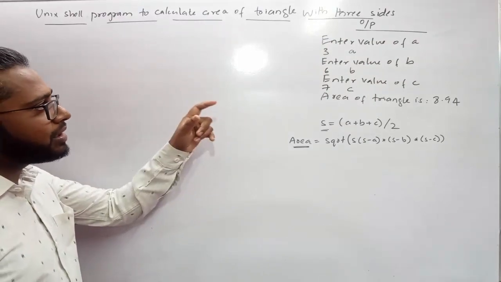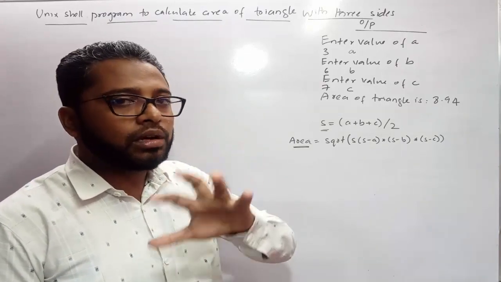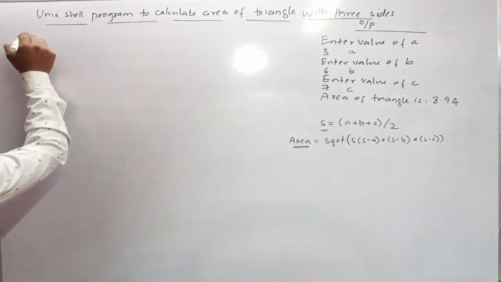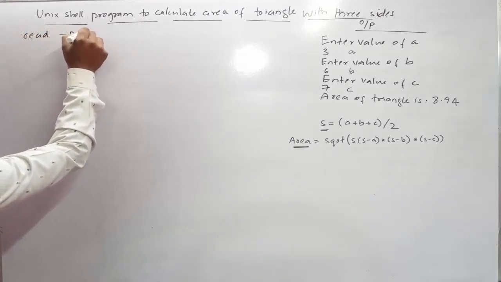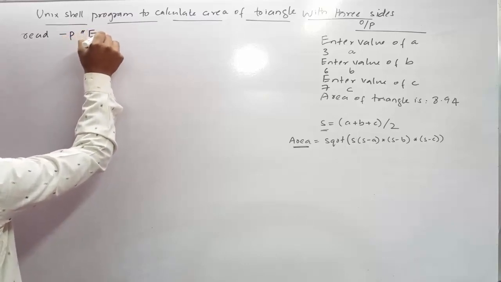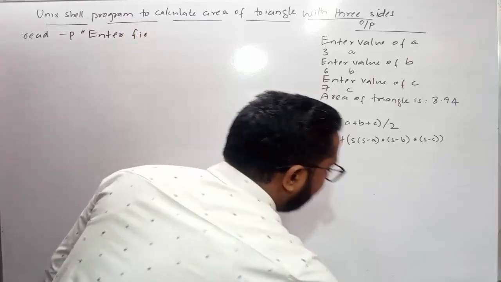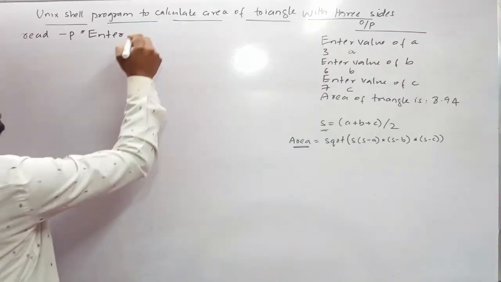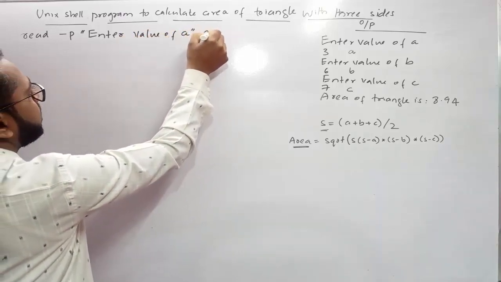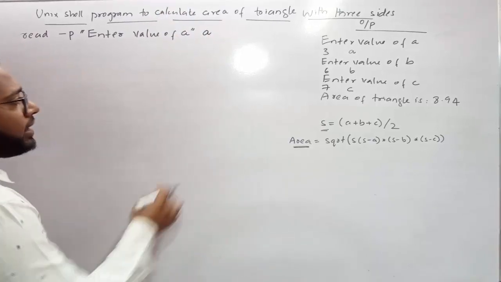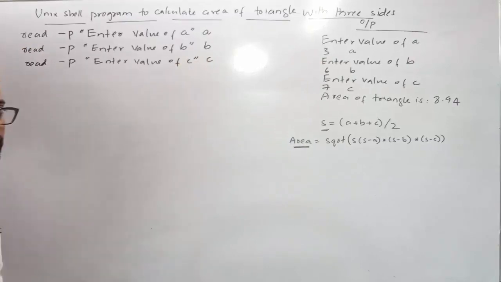To display that message on the terminal, as well as to take the input from the user and store it inside a variable, I should use the read command. read -p, double quote, enter value of A, double quote, then variable name A. Like this I need to ask these messages on the terminal for each value, double quote close, and then variable C.